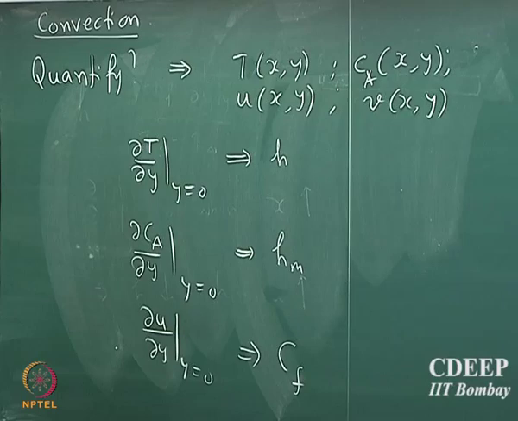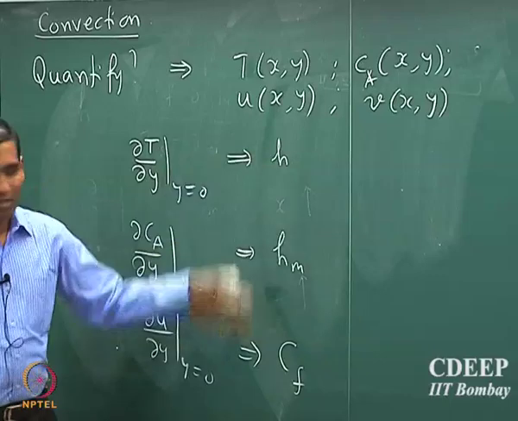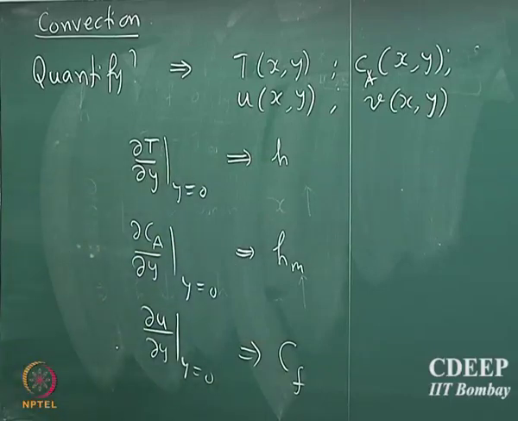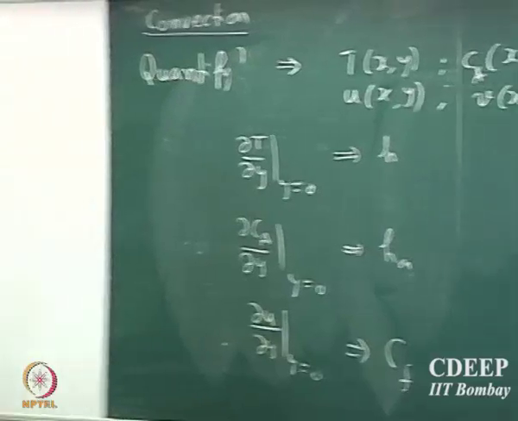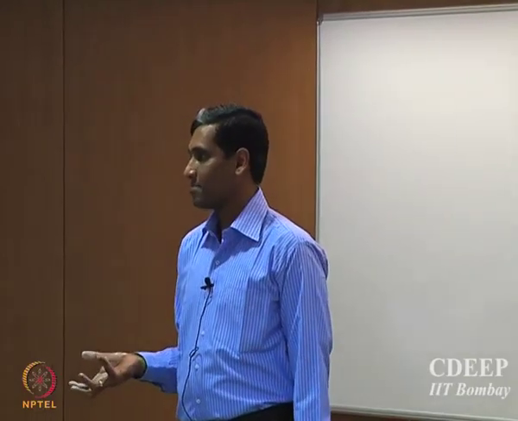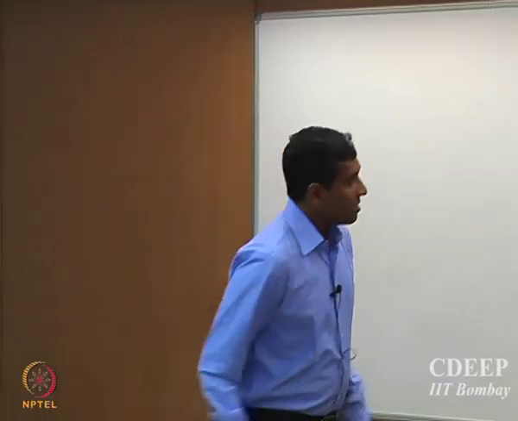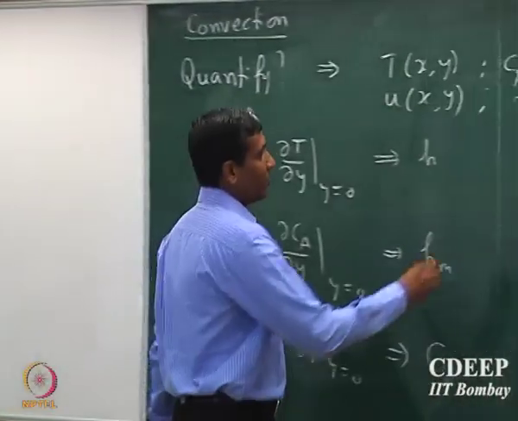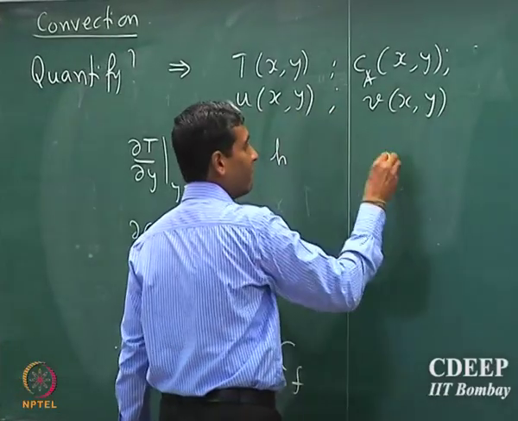We defined this in yesterday's lecture. So if you know these three gradients, you have actually identified the characteristic properties of the three boundary layers, which means that we have identified the characteristic properties of the three transport processes that are occurring simultaneously.